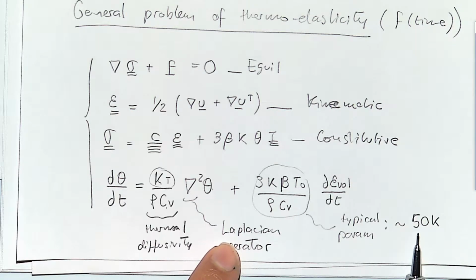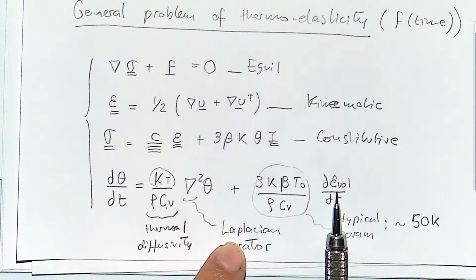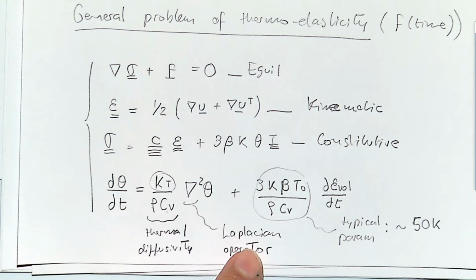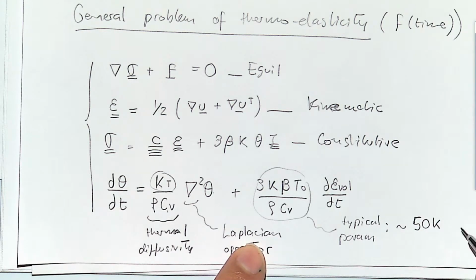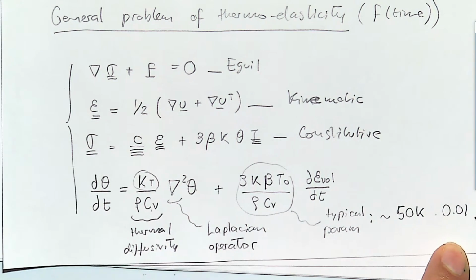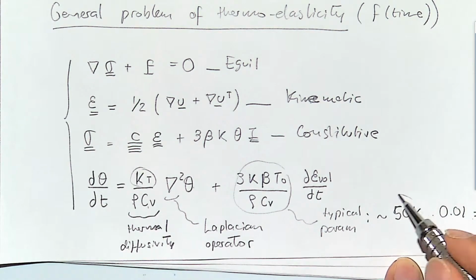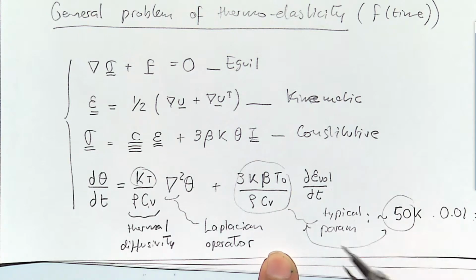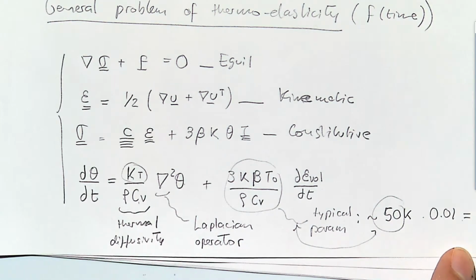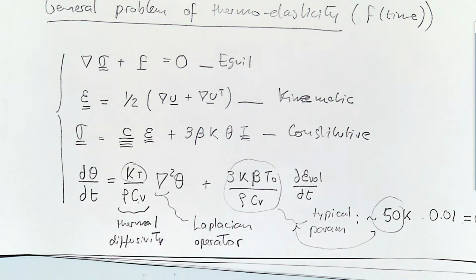You get something in this order, which tells you that if you have a typical change, which is already quite large, of volumetric strain of, let's say, 1%, you're going to have a change of 0.5 Kelvin, which is quite small.